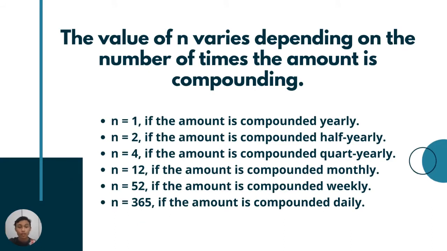However, the value of n varies depending on the number of times the amount is compounded. For example, if it is compounded yearly, n becomes 1. If it is compounded half yearly or semi-annually, it becomes 2. If the amount is compounded quarterly, n will be 4, and so on.